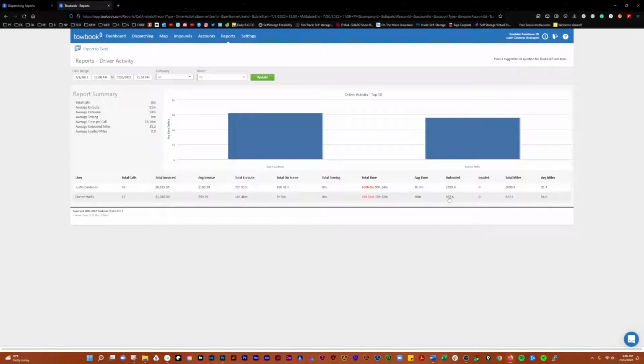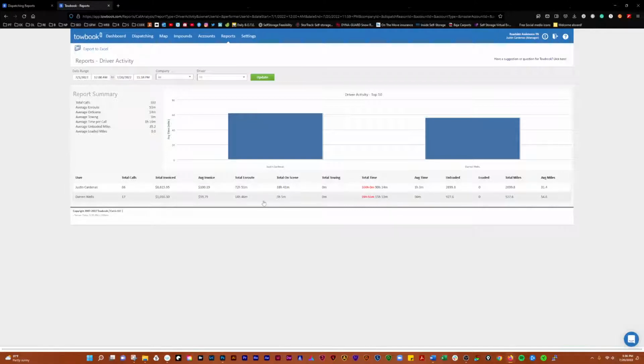So if you want to give a report like this to your driver to say, hey, this is what you've done, they could look at this and say, okay, I know I've gone 927.6 miles. Those are obviously going to be one-way miles. So they can look at that and double it and know what they've done.